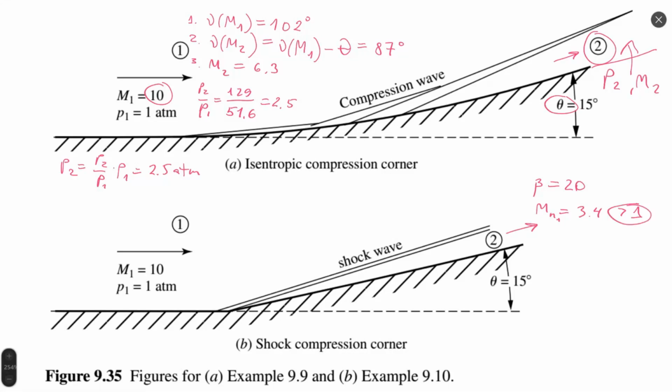Do not forget checkpoints when you write algorithm to calculate shock waves in work 1. It would be nice to make checkpoints, because if there is some error, you will identify it fast. So Mn1, then I go to appendix B and search for 3.4 and find pressure ratio and Mn2. Okay, already found.